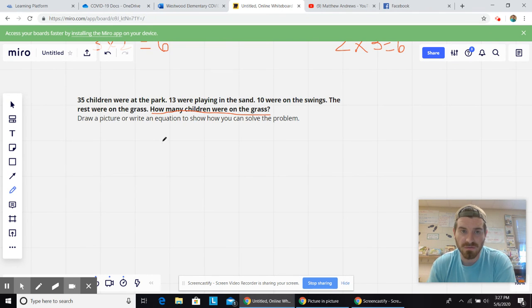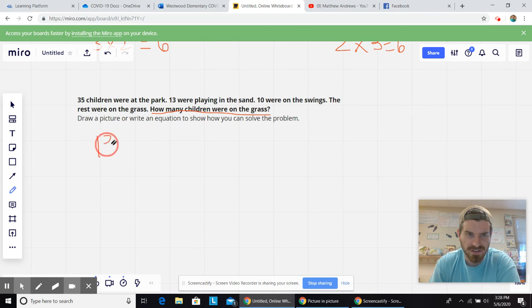Since I know that there were 35 kids altogether at the park, I know that 13 of those kids were in the sand, 10 of them were on the swings. I'm thinking that if I put the kids that I know were in the sand and the kids that I know were in the swings together, that'll help me figure out how many were on the grass, how many were not playing in the sand or were not on the swings.